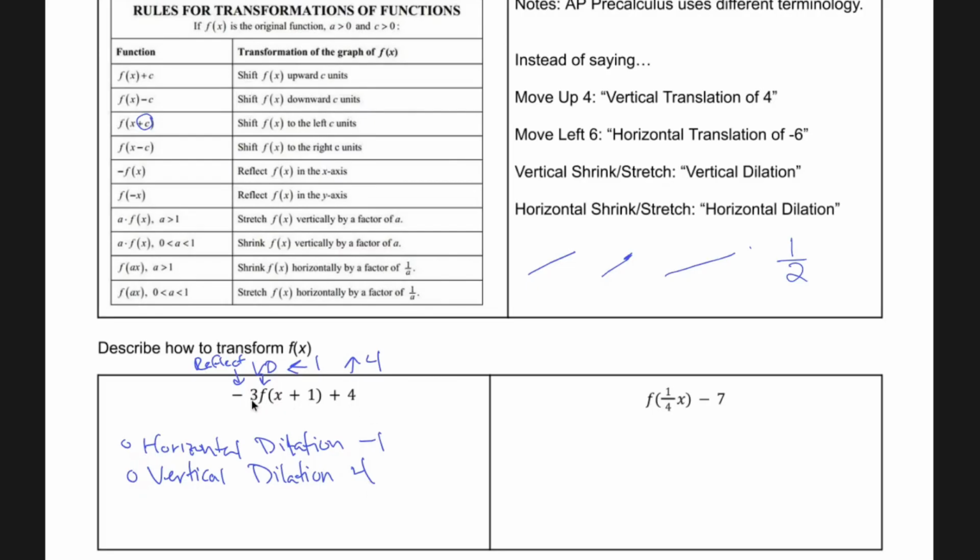By multiplying the whole thing by 3, we have ourselves a vertical dilation of 3. And by multiplying the whole thing by a negative, you're going to flip it upside down, which is reflect over the x-axis.